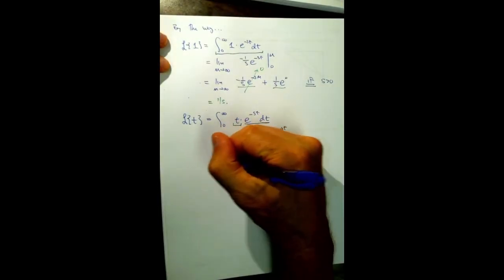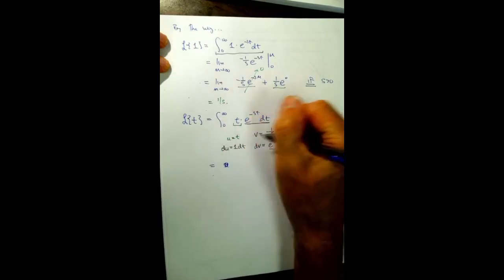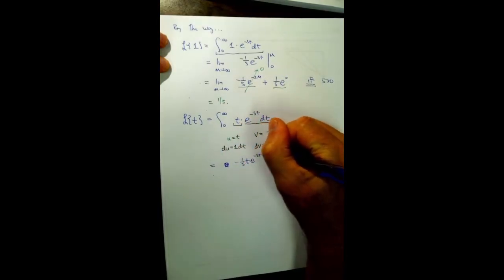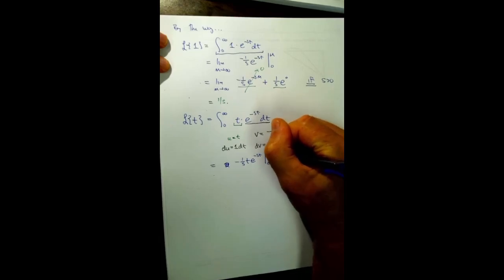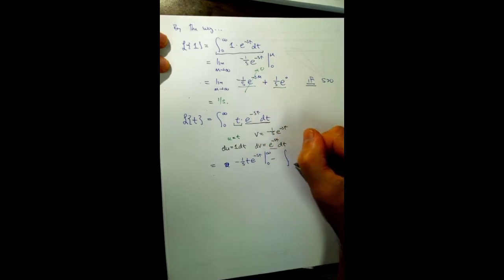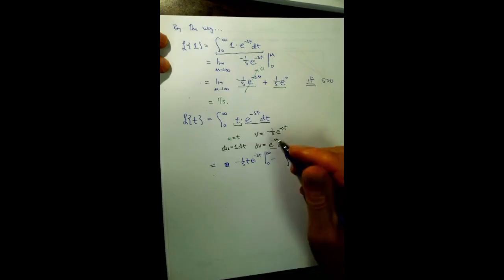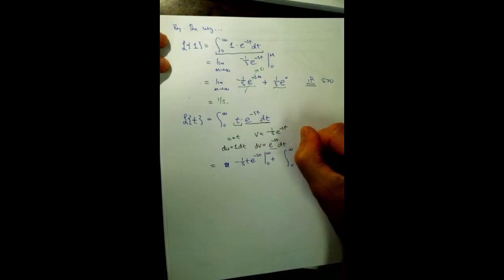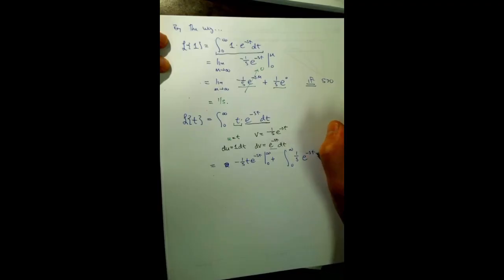So now this becomes u times v, so I get minus 1 over s t e to the minus st from 0 to infinity, minus the integral from 0 to infinity of v du, so I get a minus 1 over s e to the minus st dt.